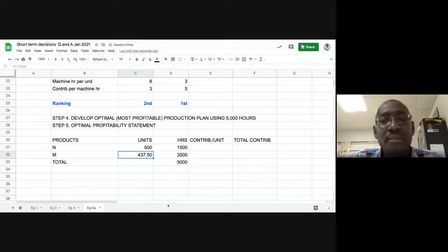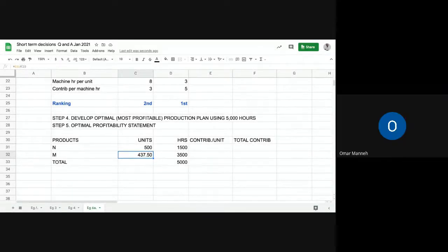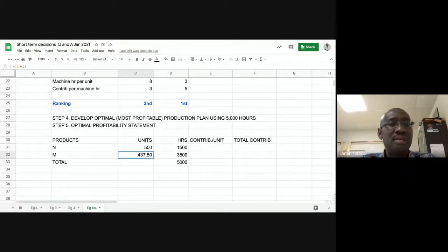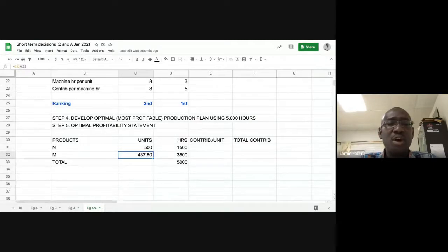The number of units for product M is not actually 438, but 437. So should we go for 437 or 438? 437. Why not 438? It's 437.5, so why can't we round it up?